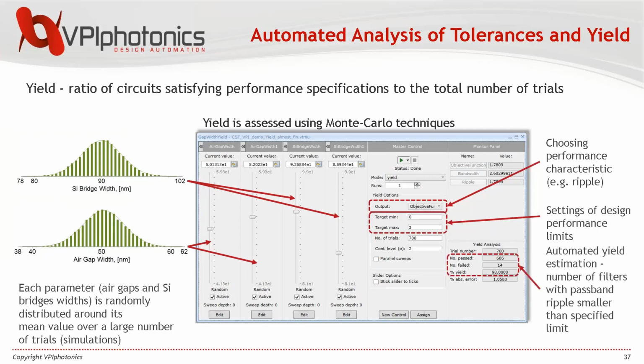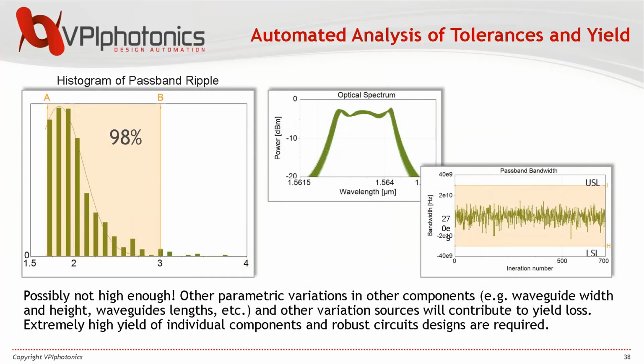The simulation is automatically run 700 times, and the number of failed and passed trials is calculated automatically, giving us the yield. So here are the results of this yield analysis. We can see the distribution, a histogram of how ripple for the 700 runs is distributed.